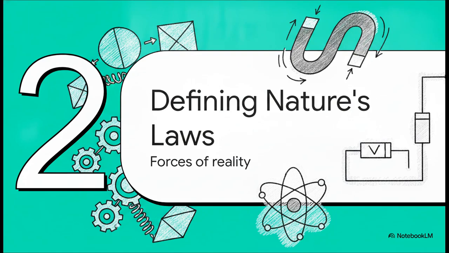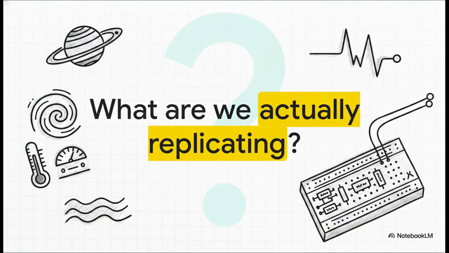Let's transition to Section 2, defining nature's laws. Before we get too deep, we have to pause and wonder, what exactly are we replicating here? Taking these massive, continuous concepts, things like thermodynamics or fluid dynamics, and squishing them into a desktop environment means we have to isolate the specific mathematical rules that dictate how those forces interact. We all know reality is governed by systems of differential equations, right?